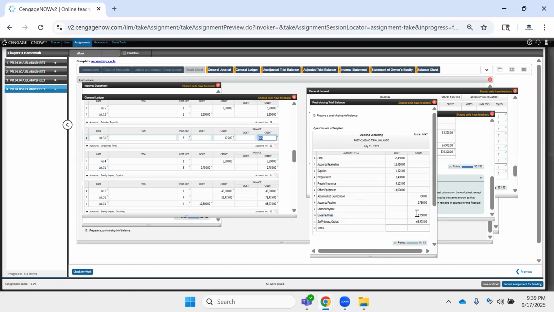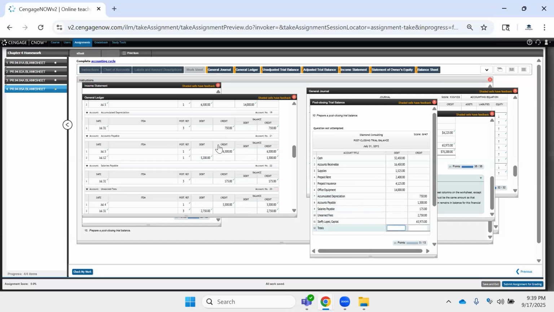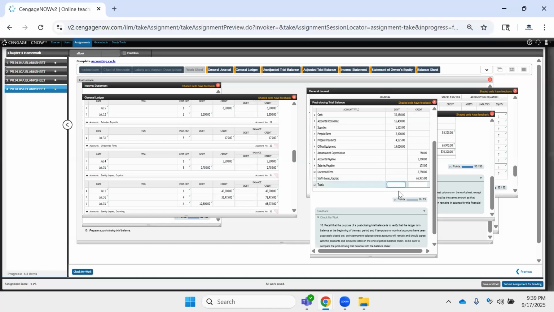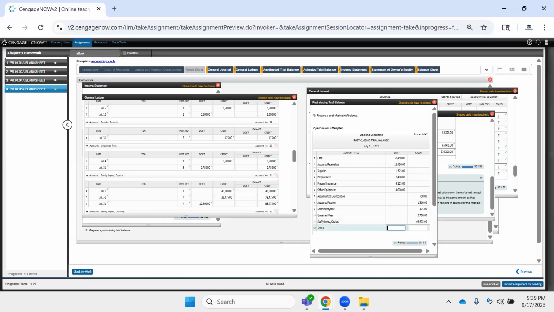As you can see, you just go down the line and paste in each of the general ledger ending balances into the post-closing trial balance. And that's also going to be exactly what's on the balance sheet.